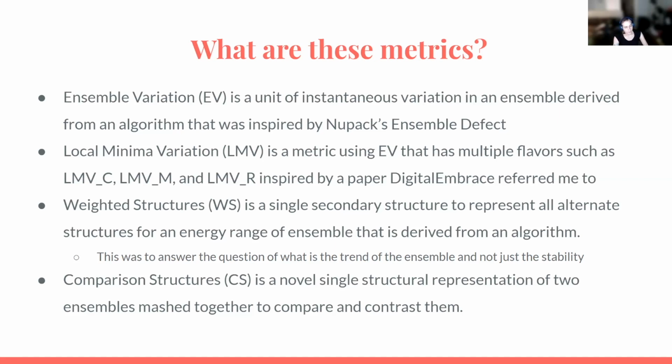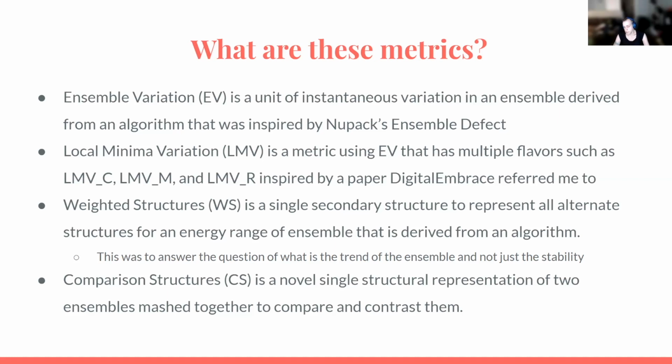This is actually on the next slide, but I'll continue this thought now: NUPACK's ensemble defect looks at the entire ensemble, all the way from the MFE down to 0 kcal, and there are tens of thousands, even millions of structures in there.